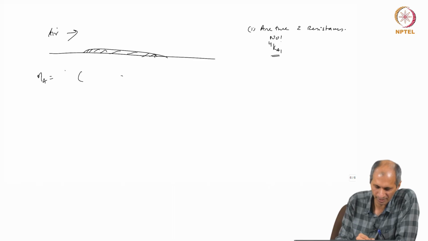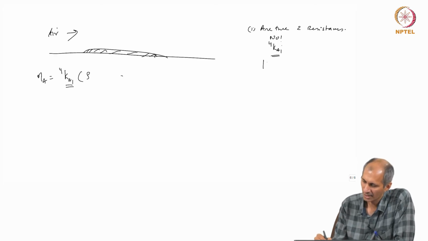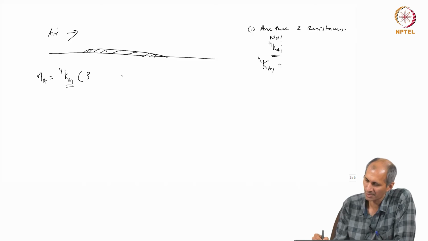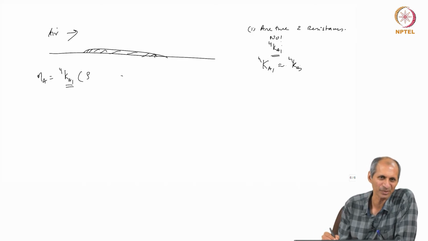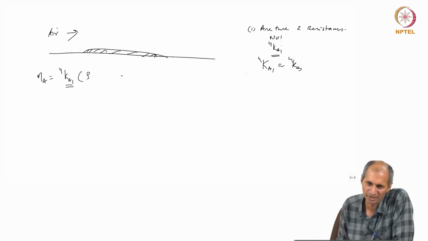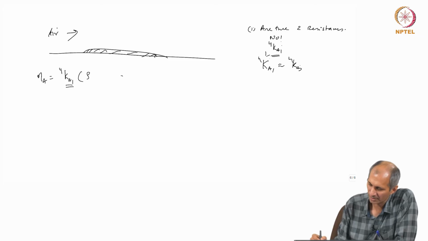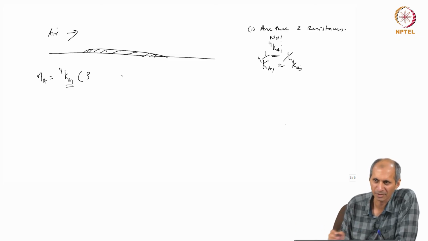So, if you are writing this, then what we are saying essentially is capital Ka14 is the same as small Ka14. This is what we are essentially writing when we are saying negligible resistance in the other phase. Or rather, we are doing 1 over capital K is same as 1 over small k, this means capital K is same as small k.